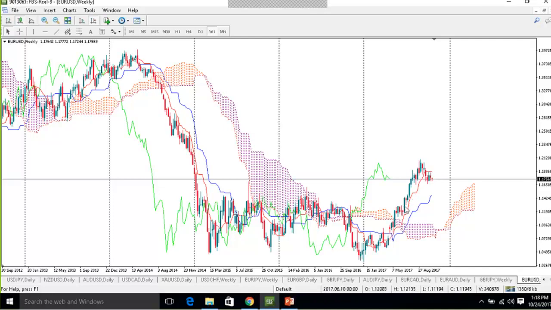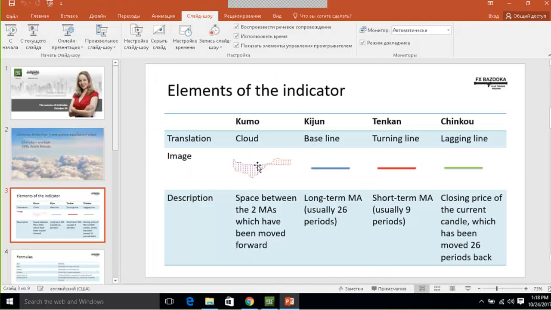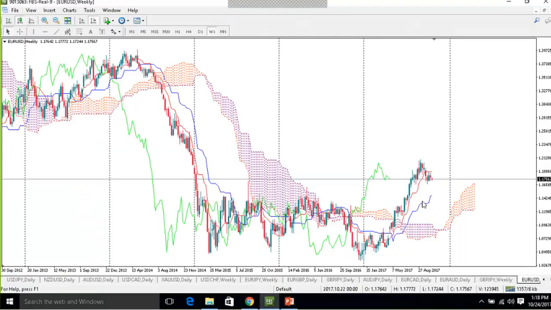This red line is called Tenkan-sen in Japanese, or if we speak about the English word, it is the turning line. And the blue line is called Kijun-sen, or the baseline.